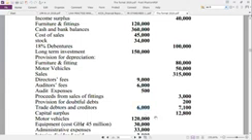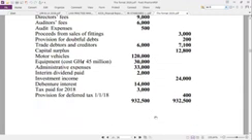The rest, let's go to the footnote. I believe you've done that, right? Now let's go to the footnote.